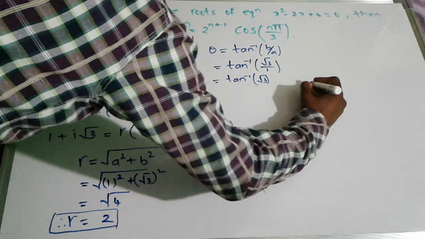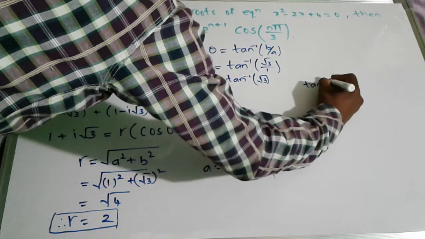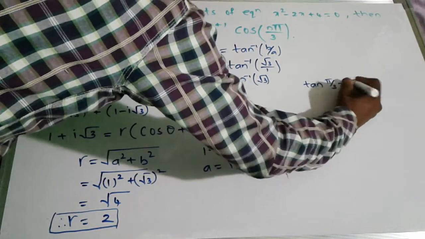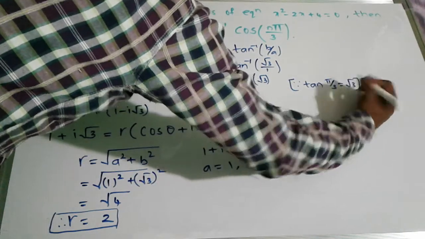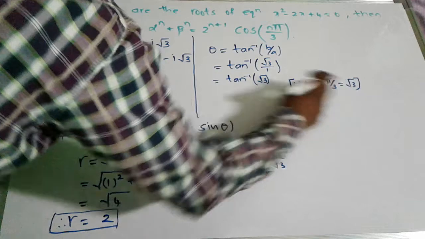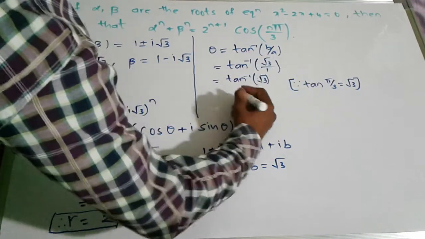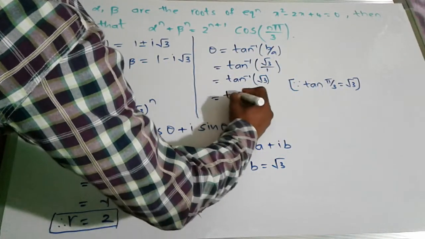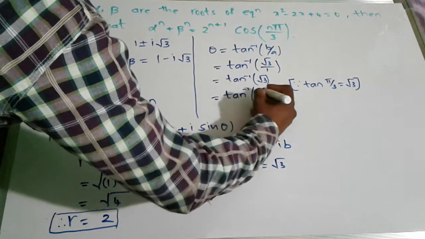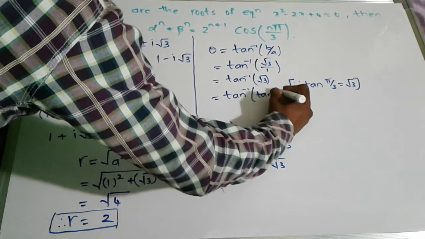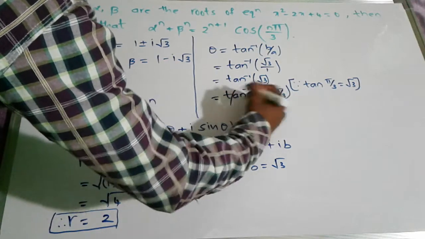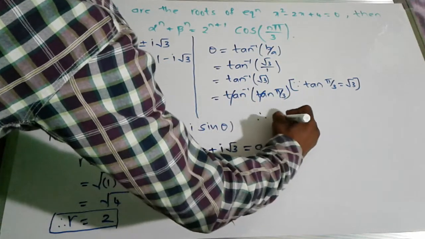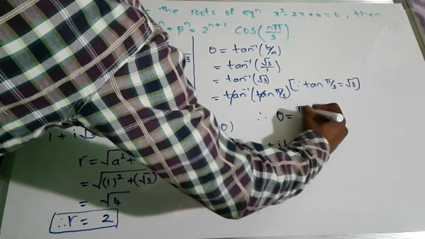We have tan pi by 3 equals root 3. So we can substitute root 3 as tan pi by 3. So we get tan inverse of tan pi by 3, right? So here tan inverse and tan get cancelled. So finally we get theta value as pi by 3.